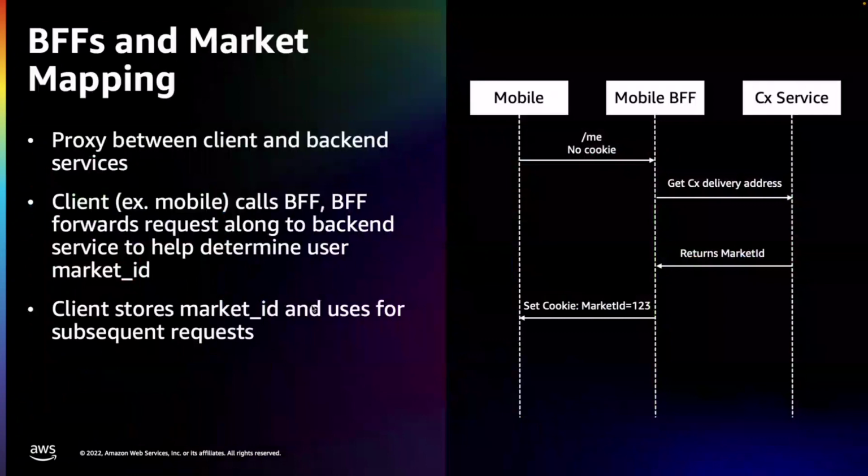The client calls the BFF first. For instance, the mobile client calls the mobile BFF. Then the BFF calls the consumer service internally. The backend service uses something like the consumer's home address to determine which market they reside in. And then it returns the market along in the response to the BFF and subsequently onto the client that sets a cookie with that market ID.